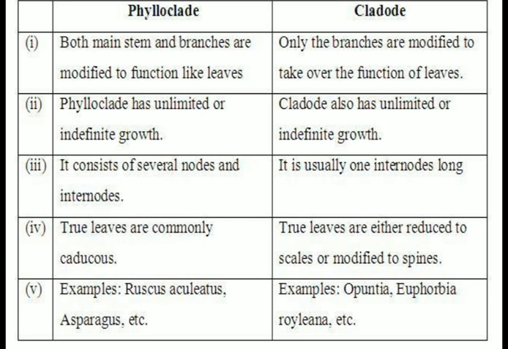The leaves are caducous in case of phylloclades, whereas they are reduced to scales or spines in case of cladode. The examples of phylloclade are Ruscus, asparagus, etc., whereas for cladode, it is Opuntia, Euphorbia, etc. Now this is about the phylloclade and cladode.